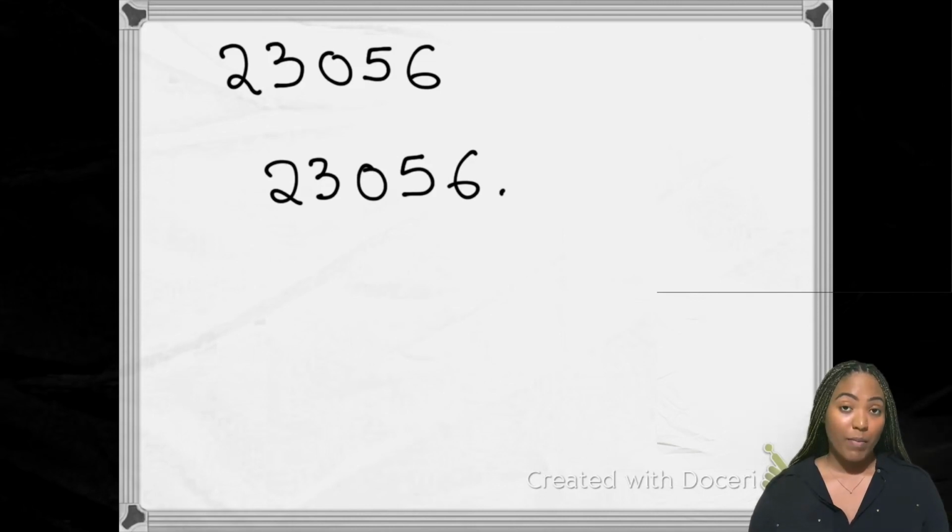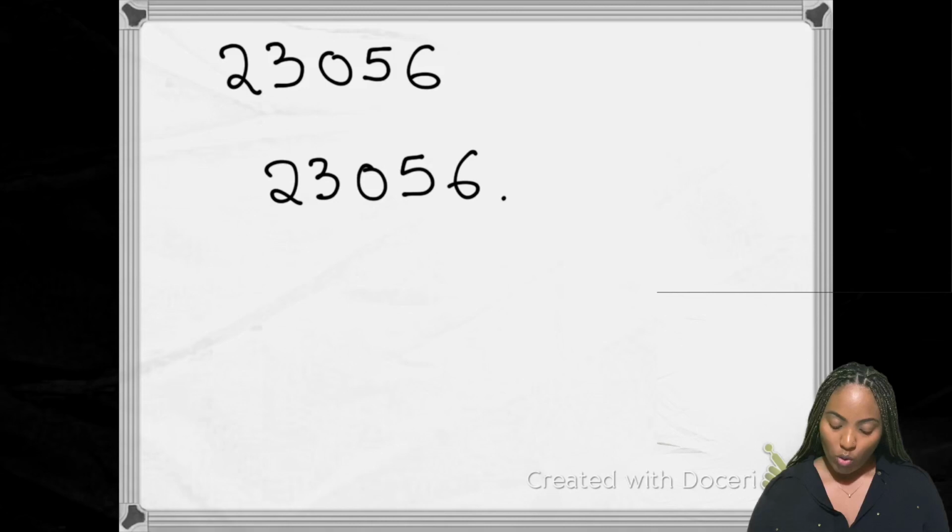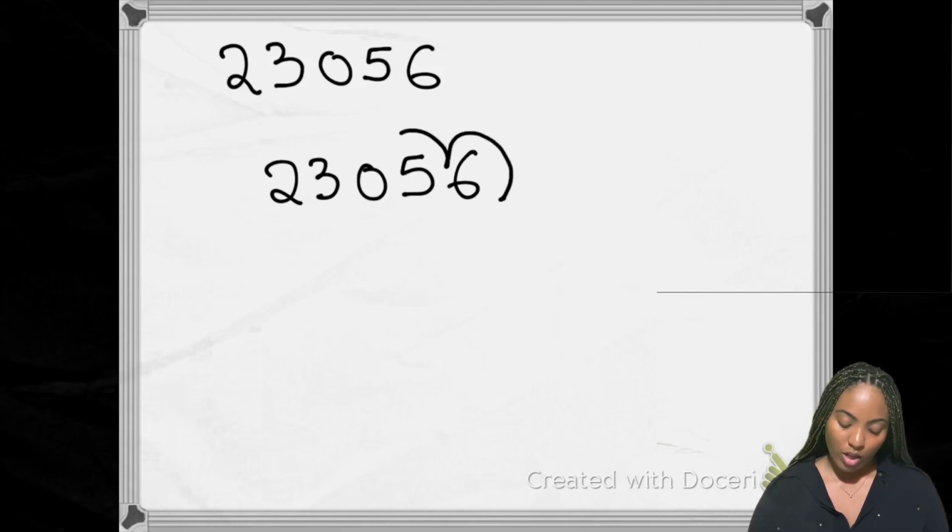We will then, because we are trying to get only one non-zero digit in front of the decimal place, we cannot move to the right because there are no numbers there. So we will have to move to the left. So we move 1, 2, 3, 4 places.